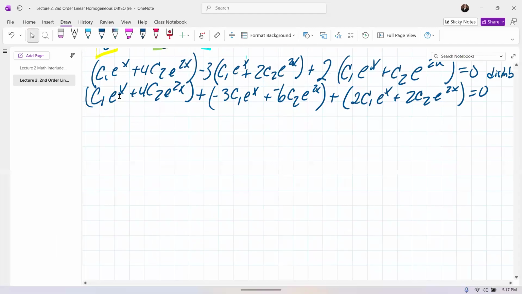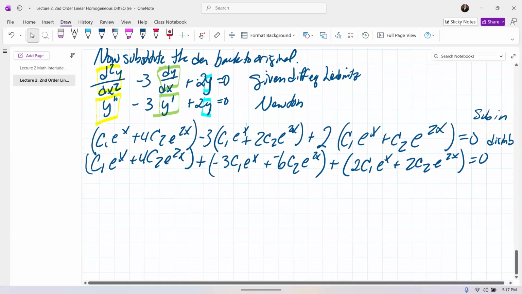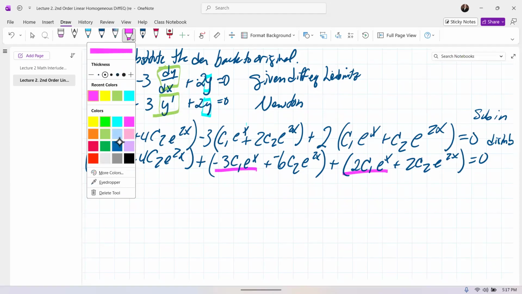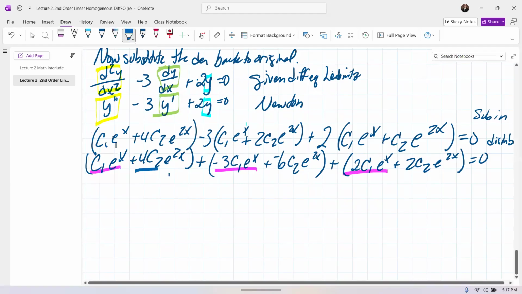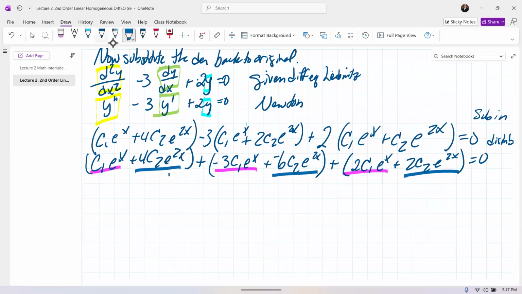My C1 e to the x terms should go together. And now I need another color for the other terms. So the C2 terms should all be grouped together. So let's get to it.